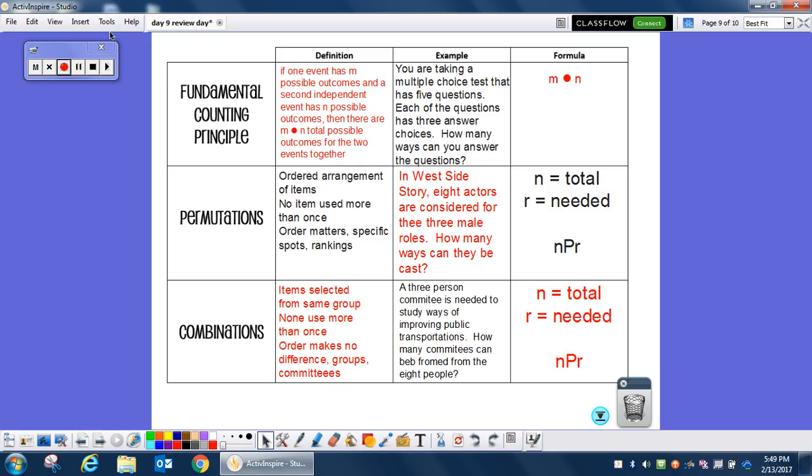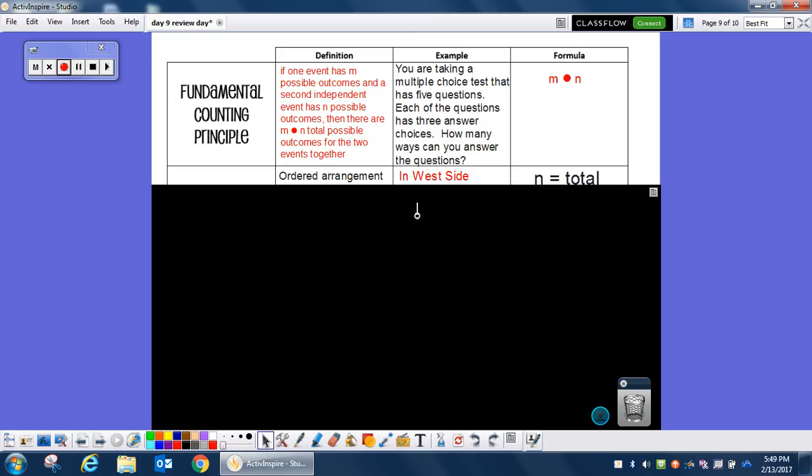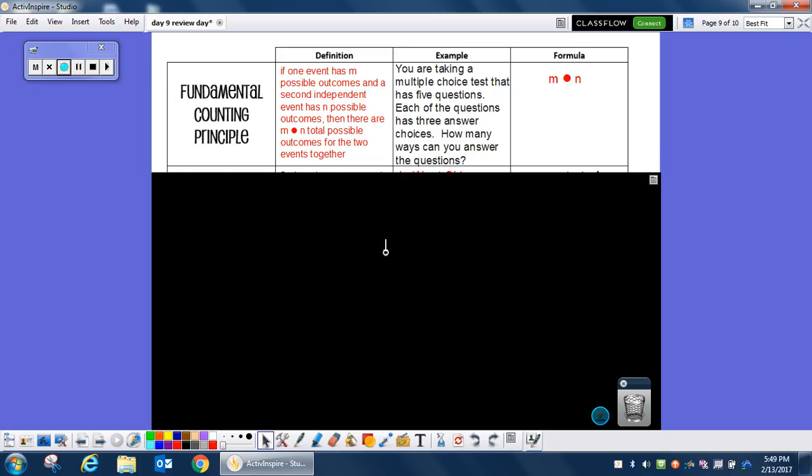Alright, so now the fundamental counting principle. Again, you can write as much as you want. This is when you have M possible outcomes and N possible outcomes. A lot of times it's the main courses and the appetizers, or in the example you have the multiple choice test where you have 5 questions. So I'll answer this one. You would do 5 little lines, and it says you have 3 answer choices.